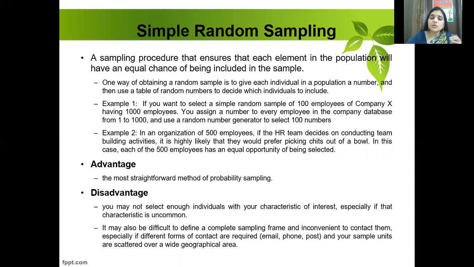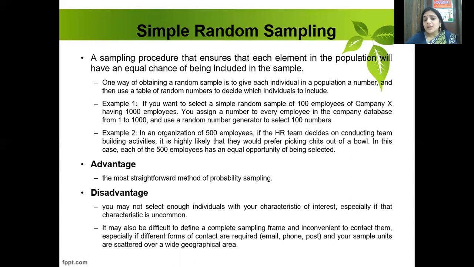For example, if you want to select a random sample of 100 employees from XYZ company, which has 1,000 employees, you can generate 100 random numbers from 1 to 1,000 through an Excel sheet. Or you can take 1,000 chits, each chit having one name, and select the people through the chit method also. You will be selecting 100 chits from that ball, and you can get it done.